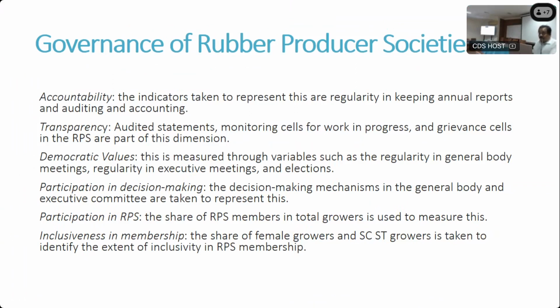Then democratic values are measured through variables such as regularity in general body meetings, regularity in executive committee meetings, and elections. Then for participation in the decision-making mechanism, the general body and the executive committee are taken to represent this. For participation in the RPS, the share of RPS members who are growers is used to measure this. And for inclusiveness in membership, the share of female growers and the CSD growers is taken to identify the extent of inclusivity in the RPS.